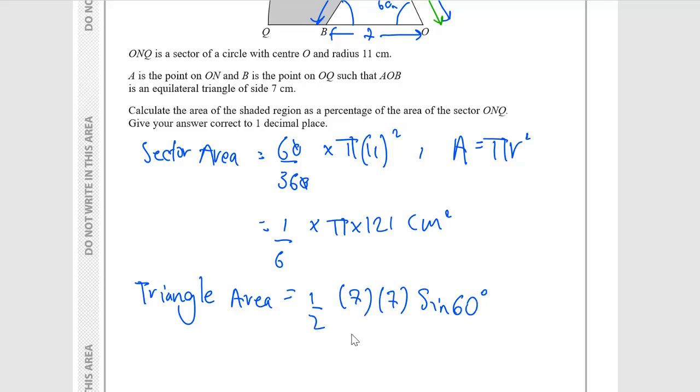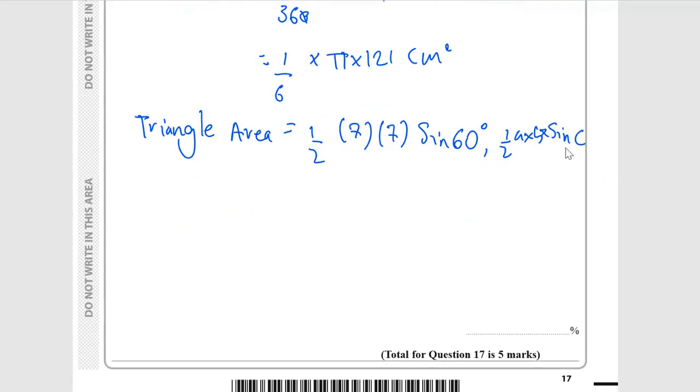So ultimately the area of the triangle is half times A times B times sine C. Just a formula that you will need to know. And then this gives us, using our calculator, 21.21762239.